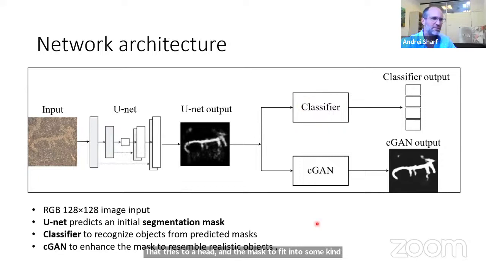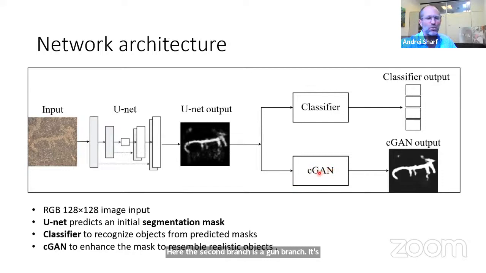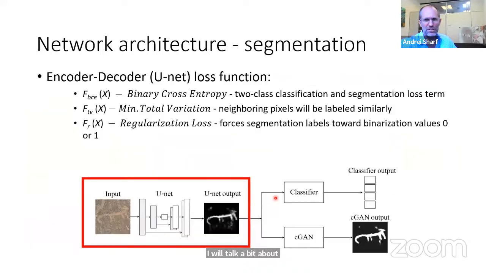And the second branch is a GAN branch. It's an adversarial network that tries to make these predictions look realistic. I will talk a bit about these branches and the network. So the initial U-Net is an encoder decoder, quite classical.